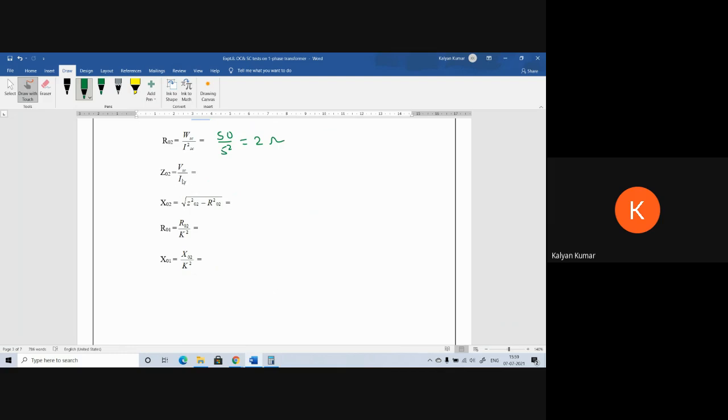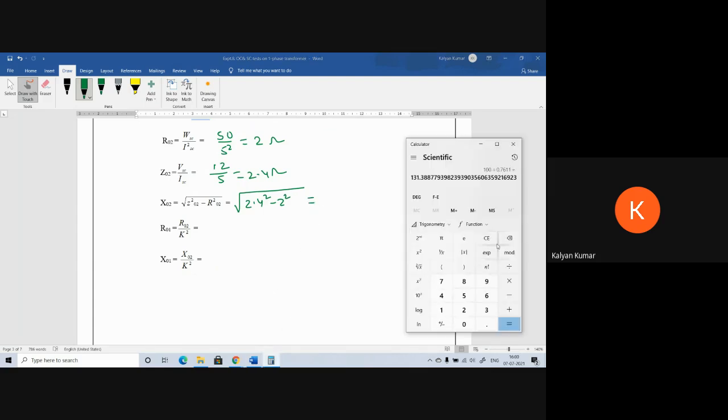Next, R02. As we have conducted the SC test on the secondary side, the RSC and ZSC represent the R02 and Z02. VSC is 12, ISC is 5, so 12 by 5 is 2.4 ohms. Now X02 equals square root of Z02, 2.4 square minus 2 square, which is the root of 2.4 square minus 4.